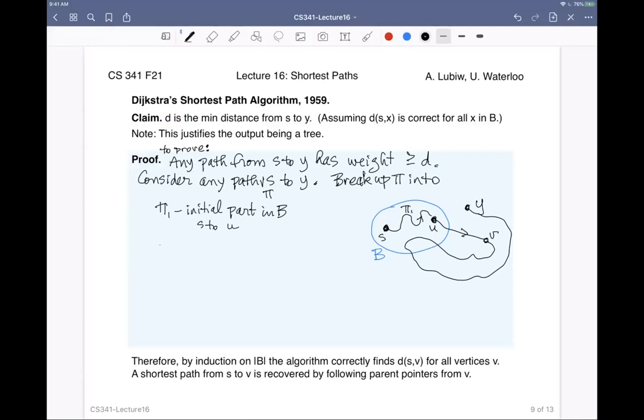So E equals the edge from U to V, the first edge of the path pi leaving B, just like in the picture. And pi2 is the rest of the path.